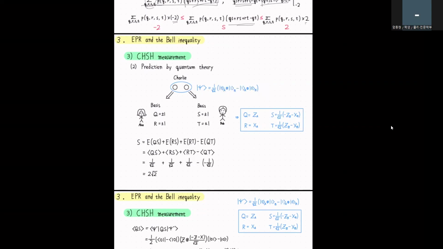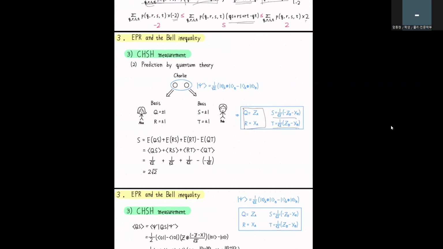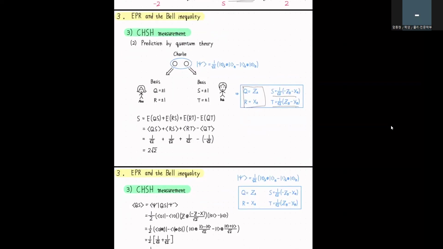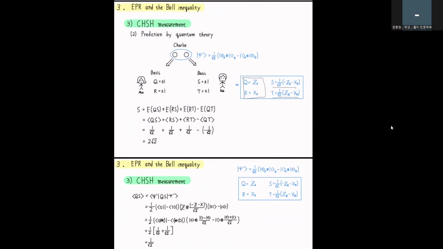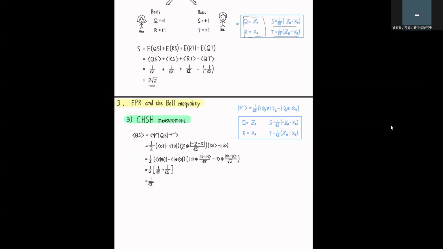So let's say that the two bases are basically Q is the Z basis, R is the X basis, S is the minus Z basis, and T is this basis. So according to quantum theory, if you calculate everything, S should be 2 times the square root of 2.